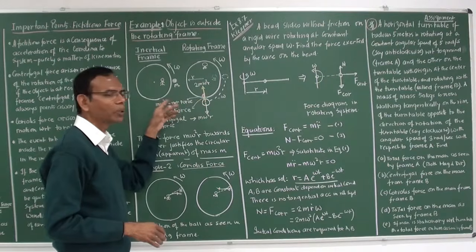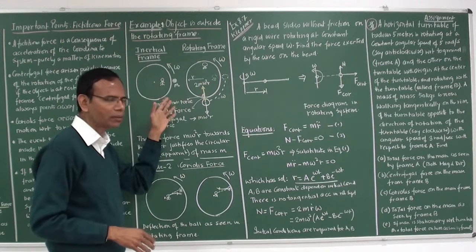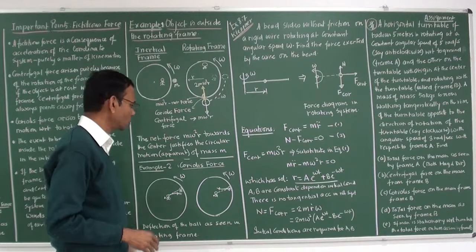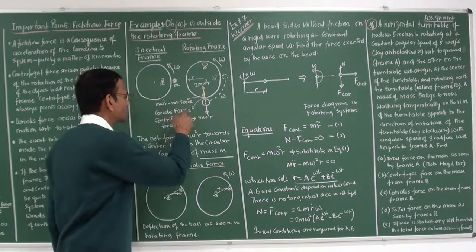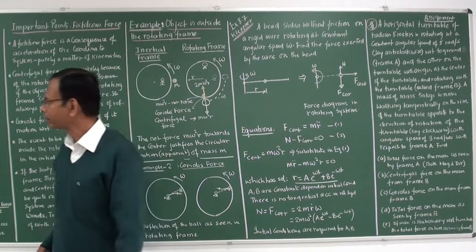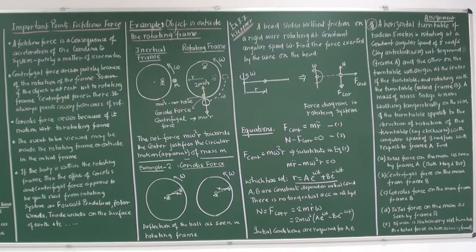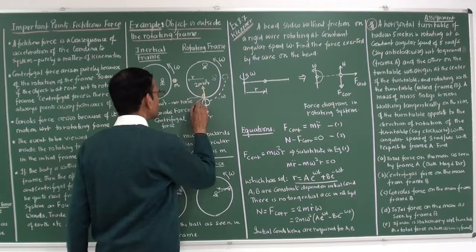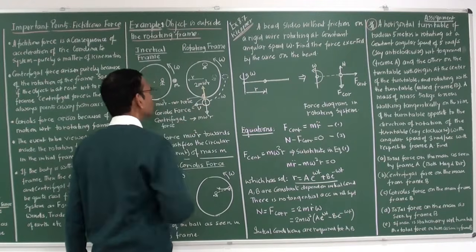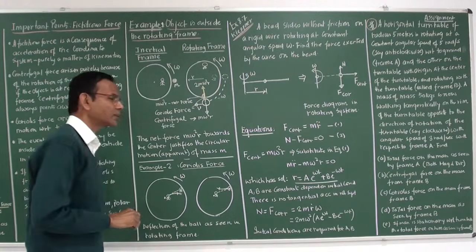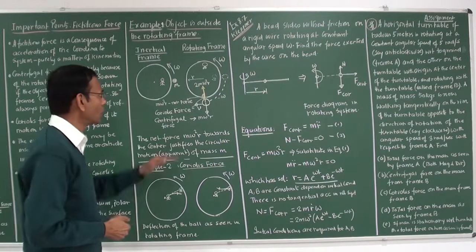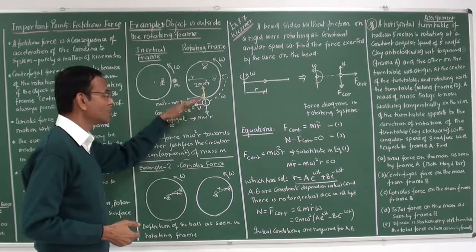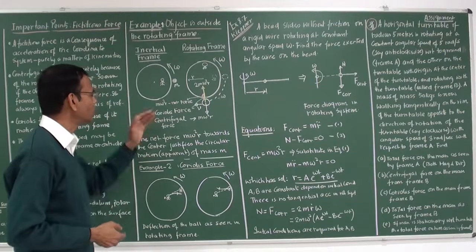That will be omega cross r, with magnitude r omega, in this direction. This is your v, or you can say this is your VR, the velocity of this particle with respect to that frame.